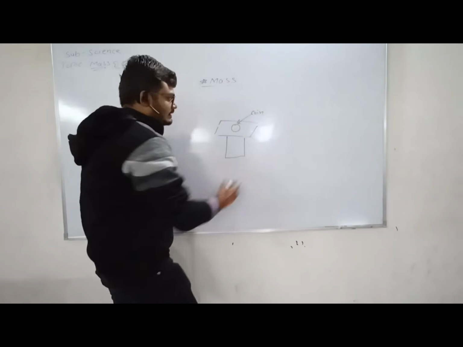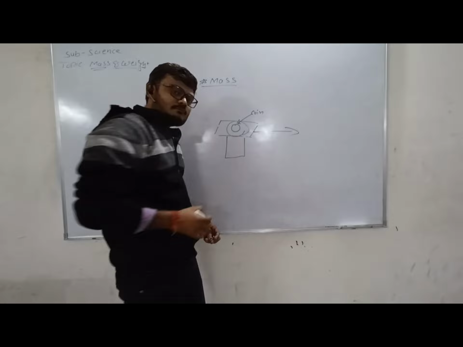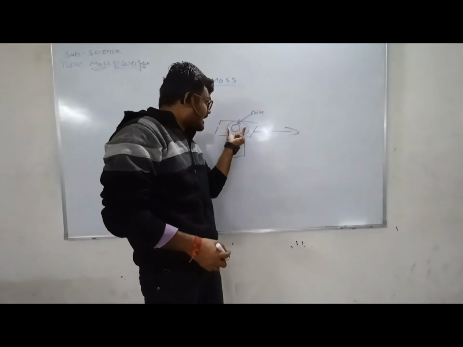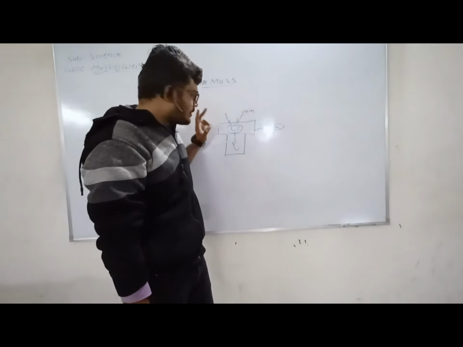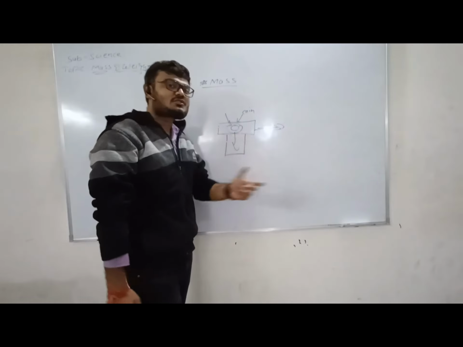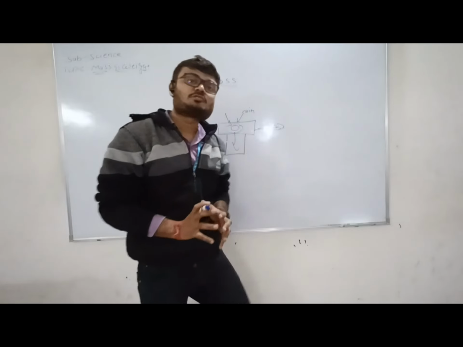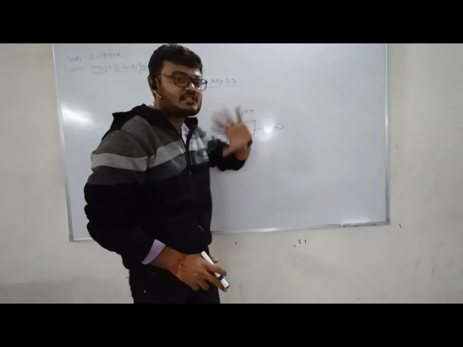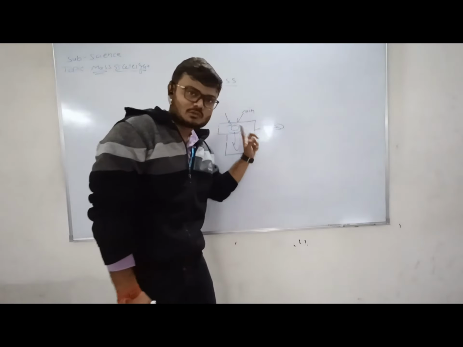The cardboard will change its place, but because of the mass of the coin, which is not variable, since I have not applied force on the coin, the coin, because of its mass, will tend to remain in its position. मतलब कि वो अपनी पोजीशन को प्रिजर्व रखने की कोशिश करेगा, ठीक है? It will not change its position because the force is only applied on the cardboard, not on the coin.